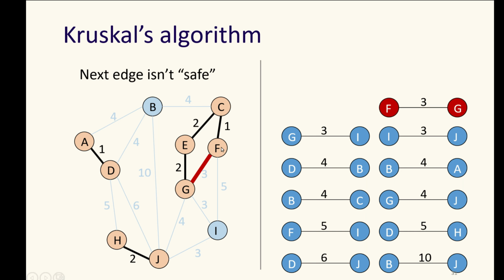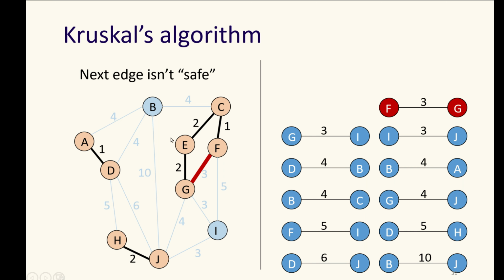In fact, as I mentioned before, if we added it, we would have a cycle in this small tree here. But there's no need to go back and try to evaluate, oh, is this better than the connections I already have? Because I have been doing minimum weight connections at every step.